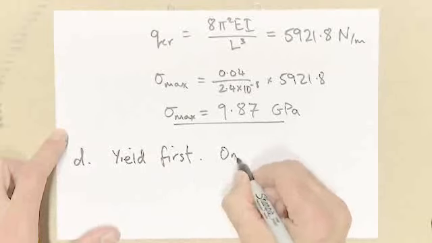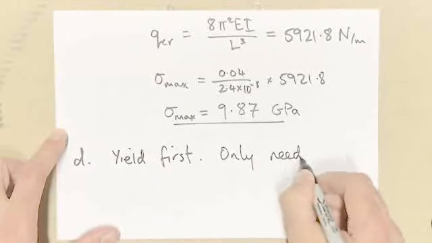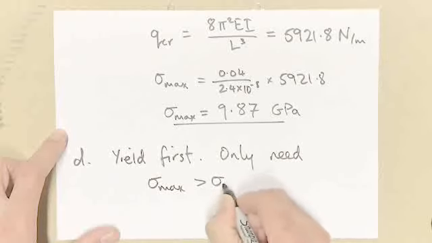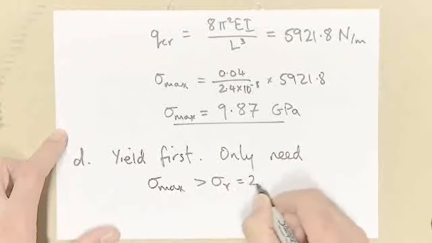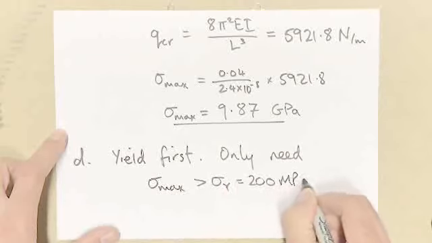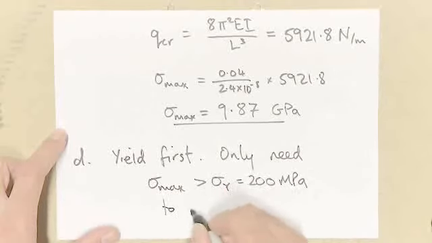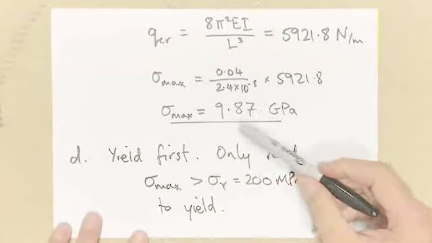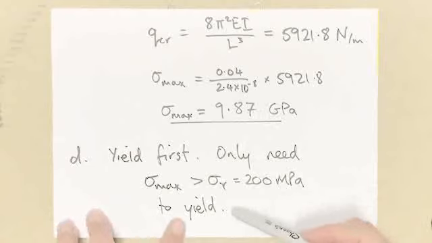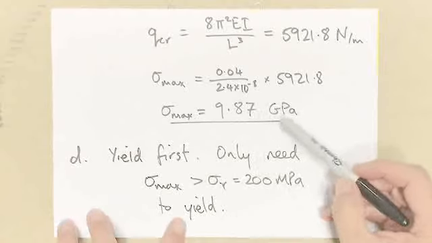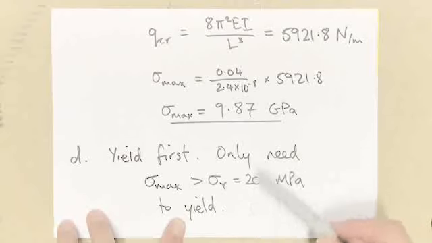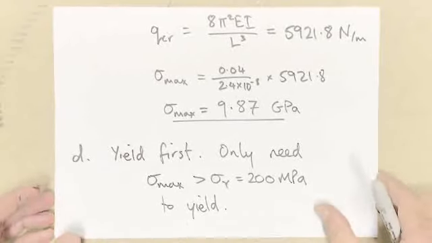You only need sigma max to be greater than sigma y, which is 200 megapascals, to yield first. Okay, so once this sigma max gets past 200 megapascals, it's yielded. But in order to buckle, you need a sigma max of 9.8 gigapascals. So clearly it yields first.